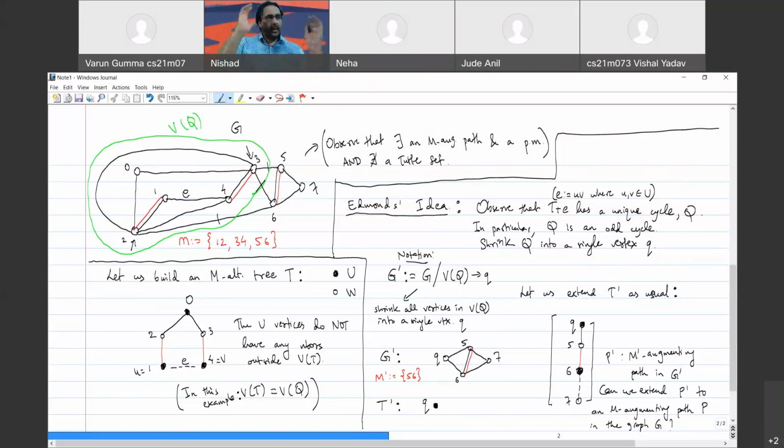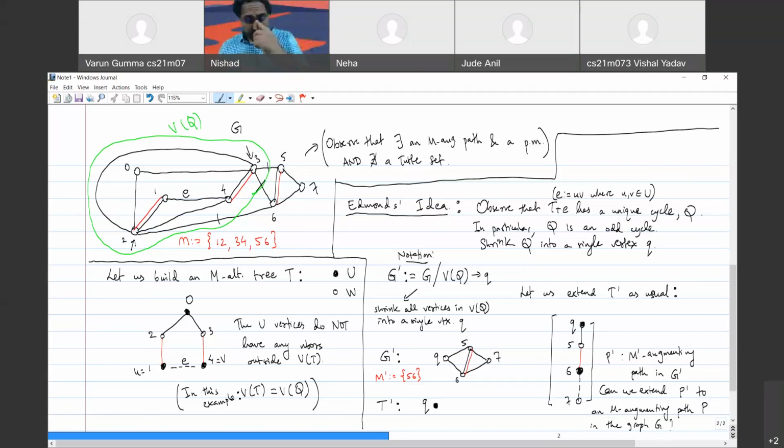How did we get T prime from T? We shrunk this cycle into a single vertex. Now we want to do the reverse operation. Let us blow this little vertex Q back to the original cycle it was and see if we can somehow find an augmenting path in that graph.